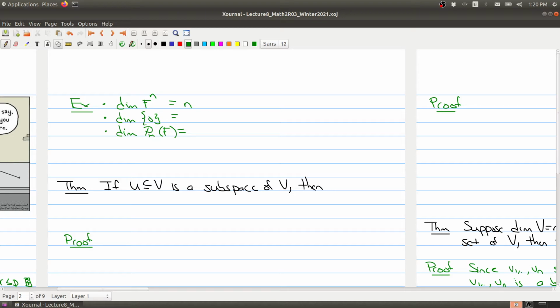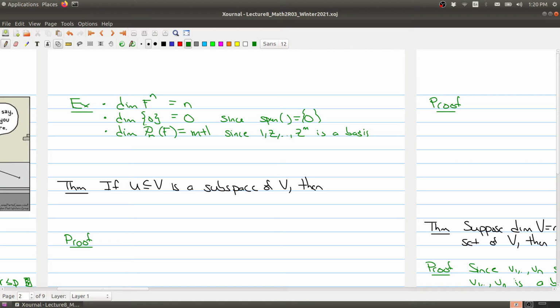The dimension of the zero vector space is 0, because the span of the empty set is equal to the vector space {0}. And the dimension of the space of polynomials of degree m or less is m plus 1, since 1, z, up to z^m is a basis.